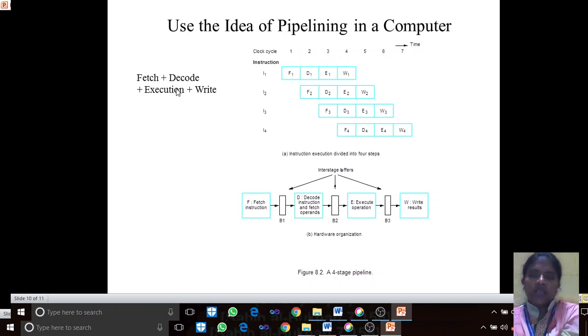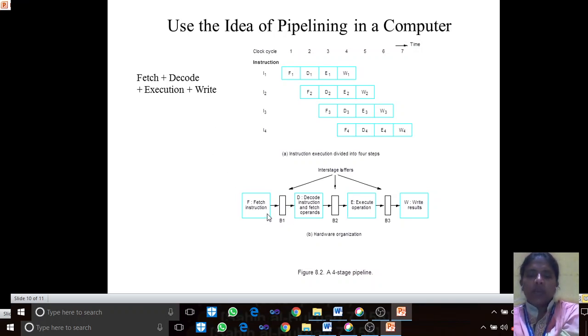If it is an add instruction, it has to perform the addition. If it is a move instruction, it has to perform the move. So that execution will take place. If the result has to be stored into the memory or to the output device, the write phase is used. Basically, instruction execution consists of four phases: fetch, decode, execute, and write.